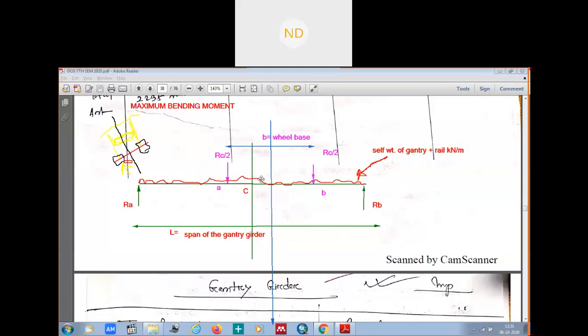Now the crane girder wheels must be placed in such a way as to get the maximum bending moment.